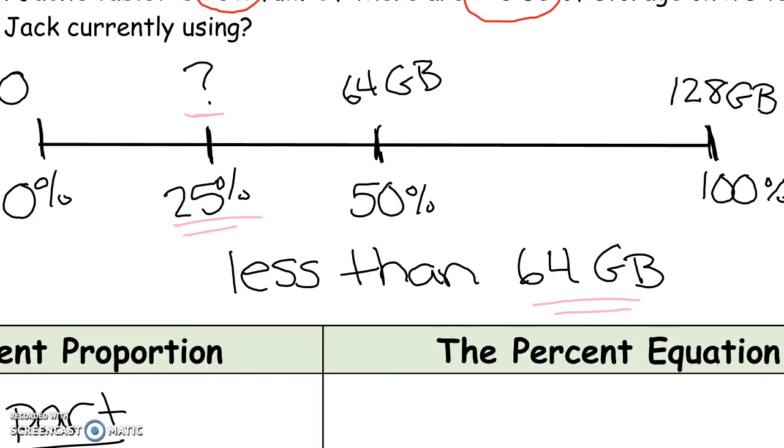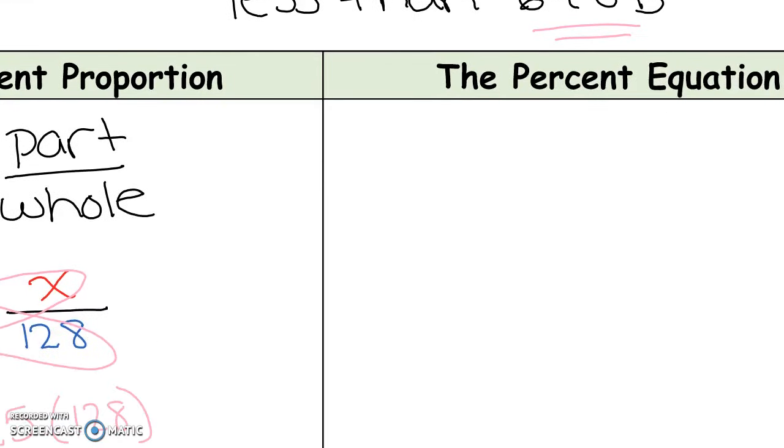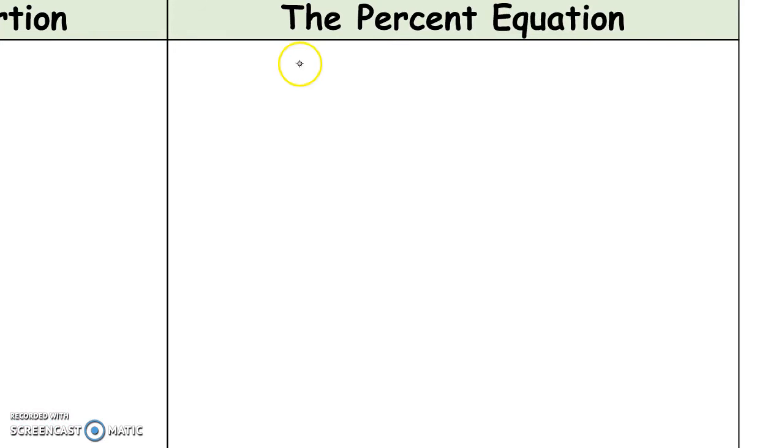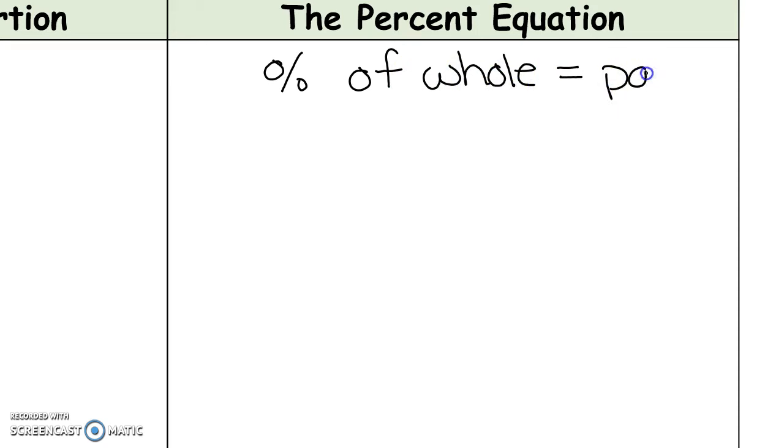Okay, the next way that we could solve this problem is using the percent equation. I'm going to show this in two different ways. So the percent equation says the percent of the whole equals the part.